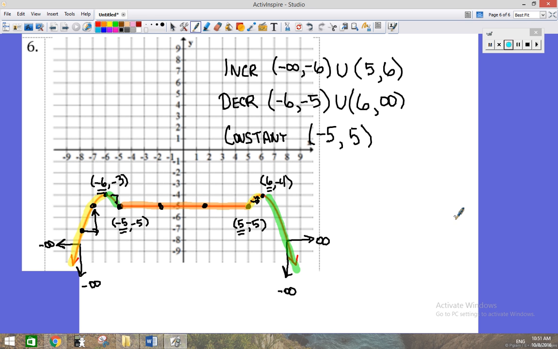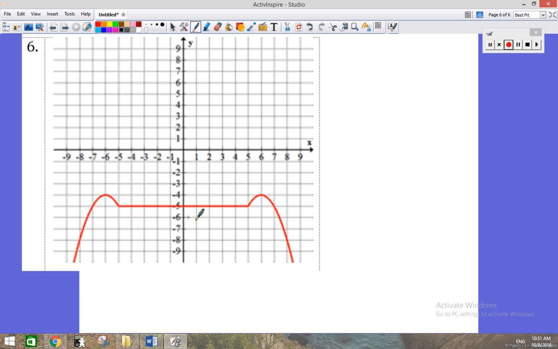Do we have symmetry of the graph with respect to the y-axis, or do we have symmetry with respect to the origin? And if we don't have either one, we say it's neither even nor odd. Let me erase this. I can see that with respect to the y-axis, the right-hand side is a mirror image of the left-hand side. So this is an even function.